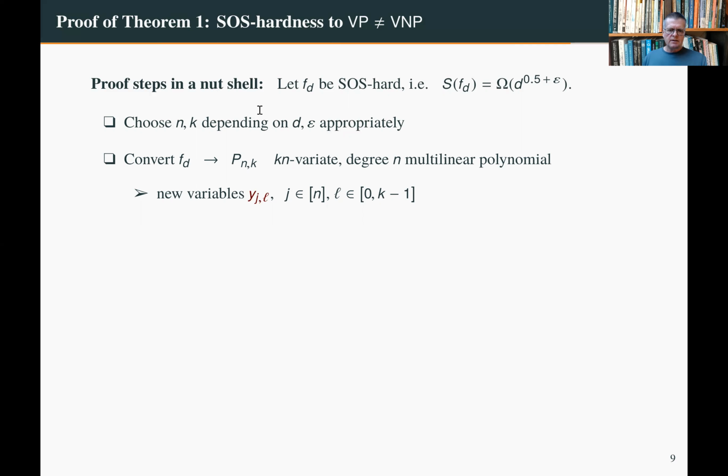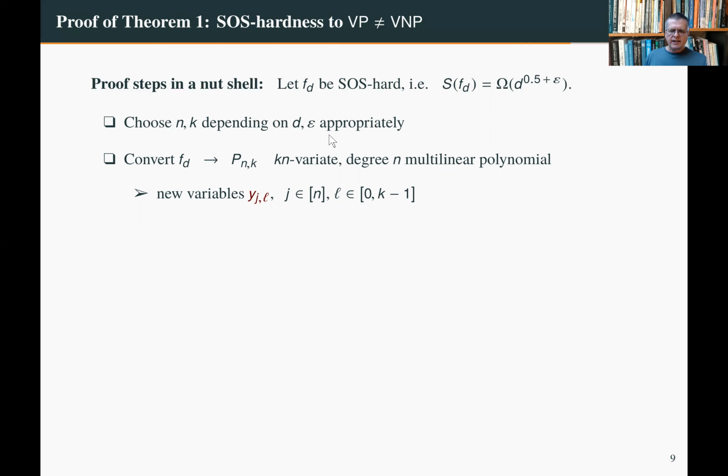So what we do is recall that f_d is univariate. So we do a substitution and transform f_d to polynomials that are multivariate, p_n,k. They have k times n variables, degree is n, and it's multilinear.